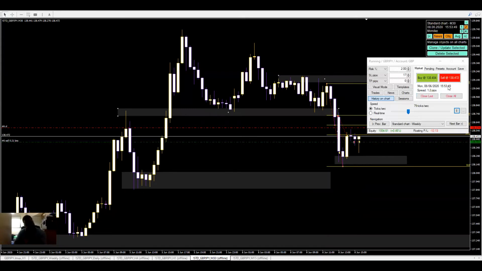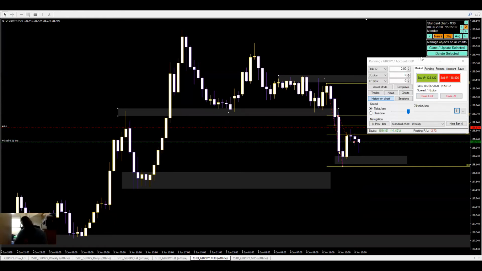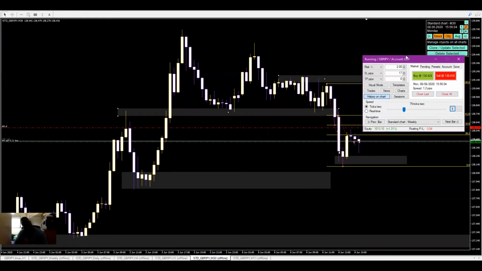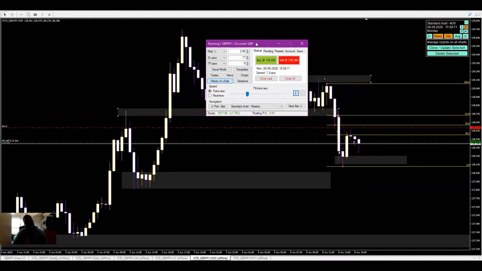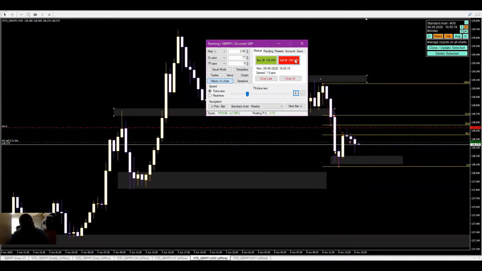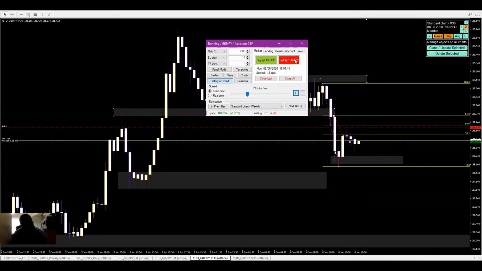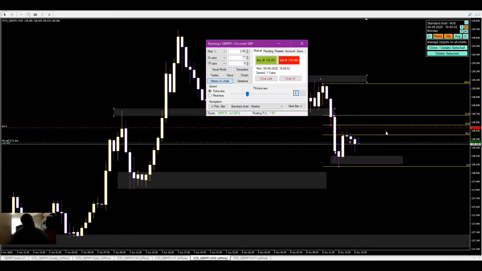At this time it's 9 o'clock. I would probably close my trade, but it's still respecting the 38.2, so I want to see how this plays out. And we're not going to mess with our stop loss here.